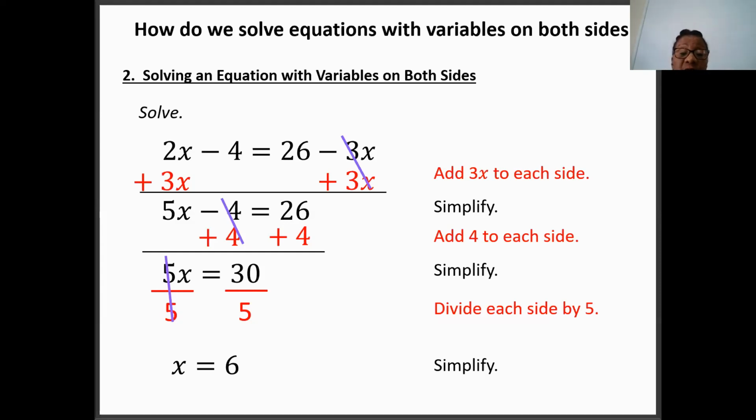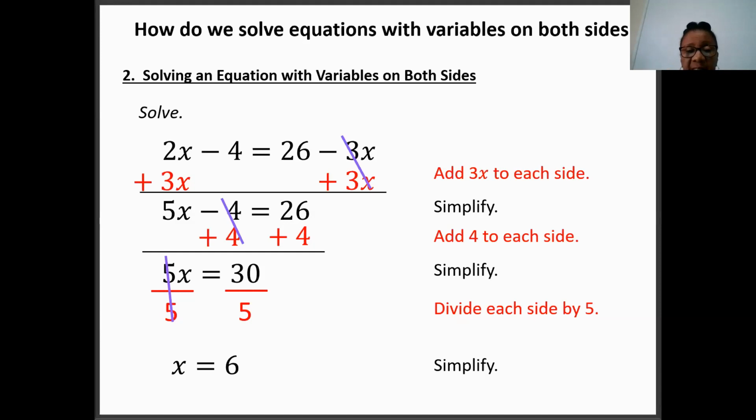Notice we want positive x. 2x is positive, and 3x is negative, or take away 3x. We need to get the variable terms on one side. Now, the opposite of take away 3x is plus 3x. So if we add 3x to both sides, let us look at the top.